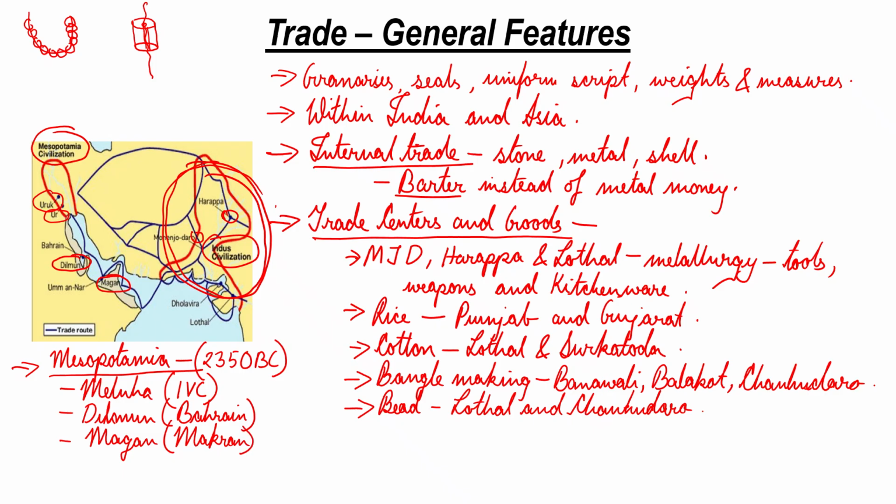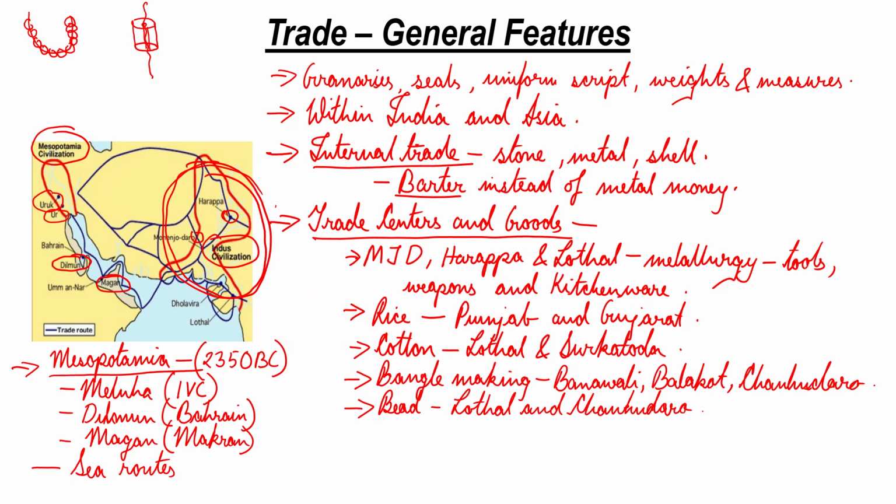Okay, so these are the places with which the Mesopotamians traded, and trade was carried out through sea routes. All this trade was external.